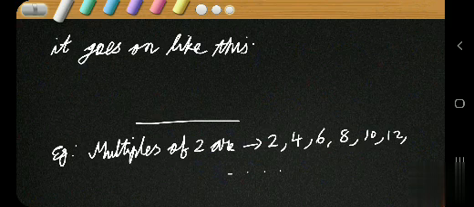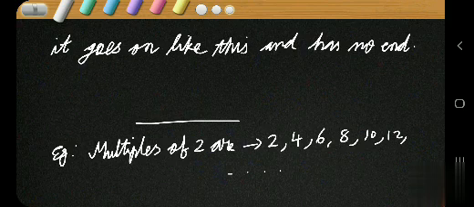It goes on like this and has no end. Can we find the last multiple of 2? No. So from this, what can we conclude? Yes, a number has unlimited or infinite number of multiples. That is the third property.